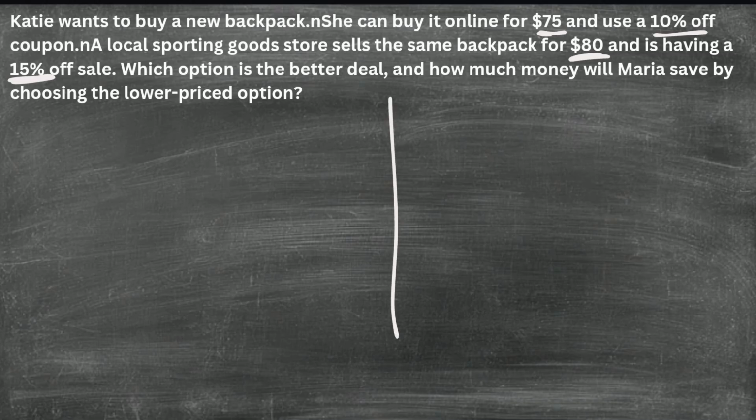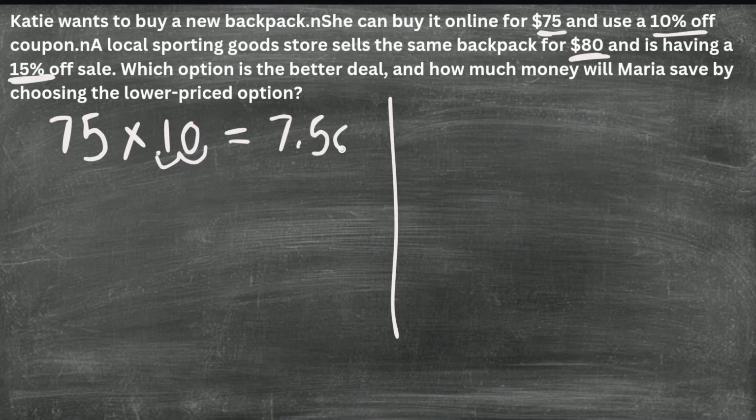So let's get started. Again, we're going to multiply 75 and we're going to convert 10% to a decimal by moving the decimal 2 places to the left. So you get 1/10. When we multiply 75 times 0.10, that gives us $7.50. Now, let's see what our new price is going to be.